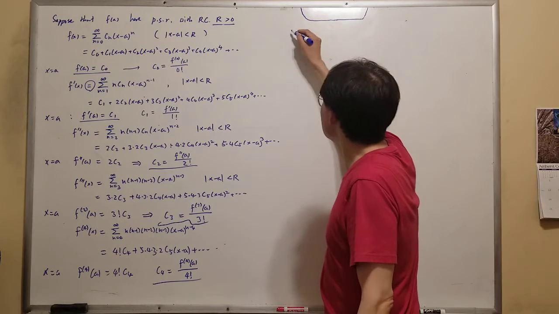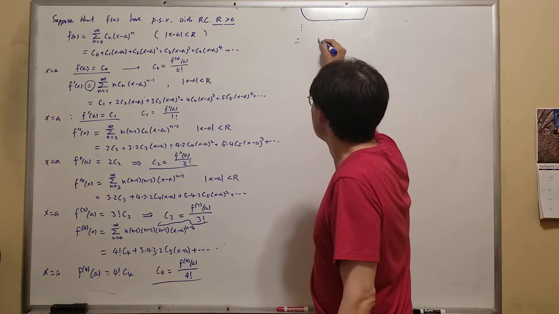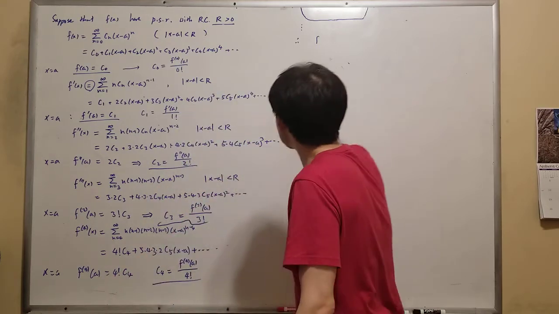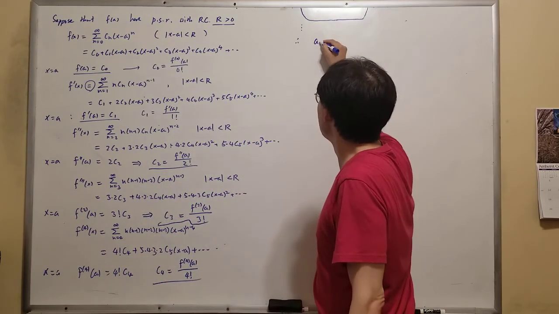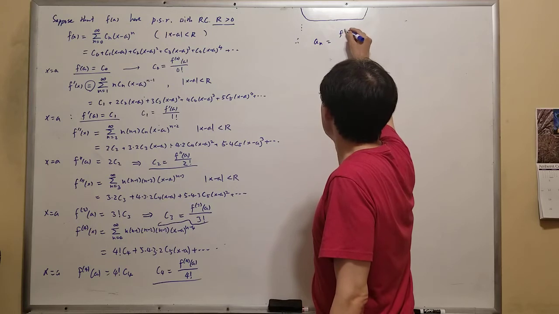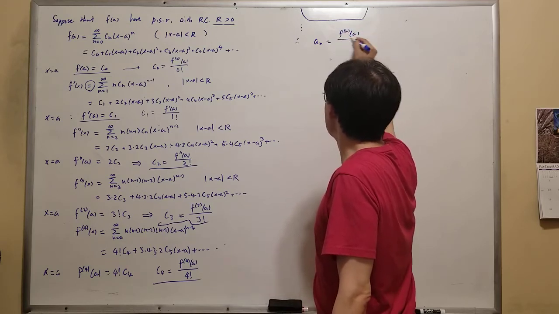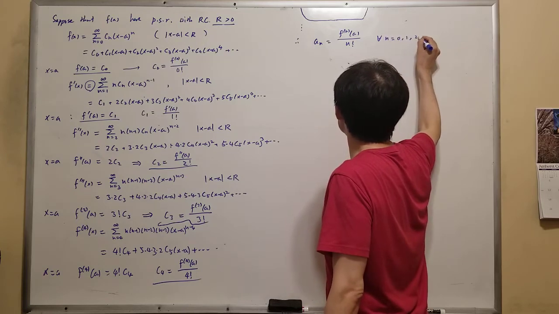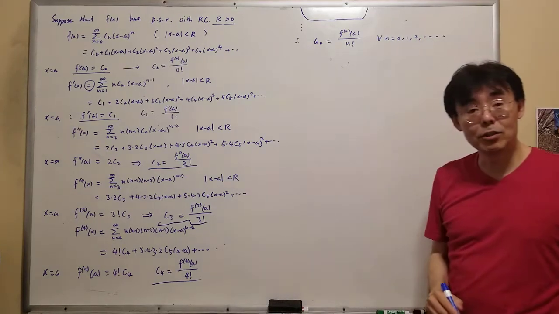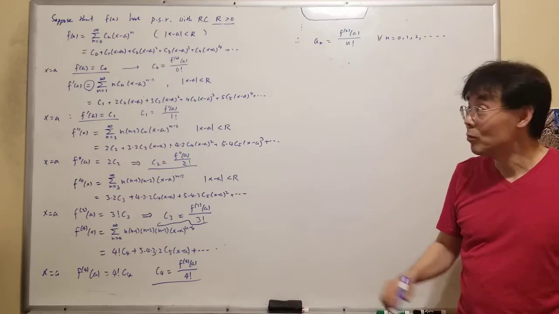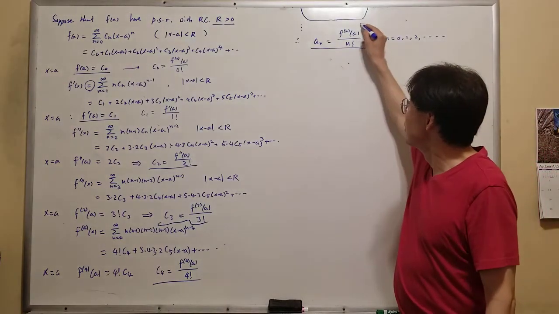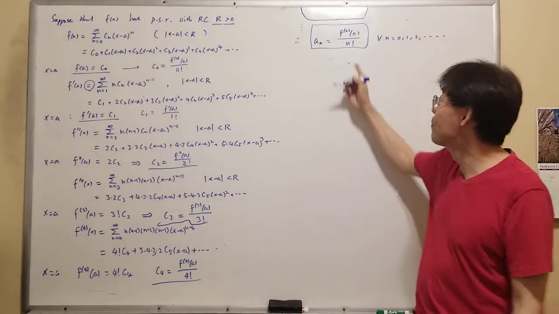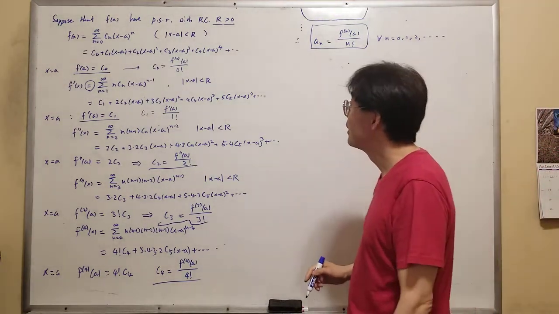So in the end, you find that an must be the nth order derivative at a over n factorial for all non-negative integers n. This is wonderful. That gives you a very concise, beautiful formula for an, or cn.